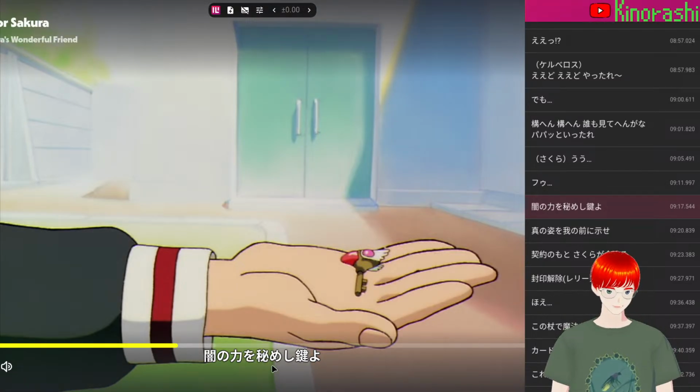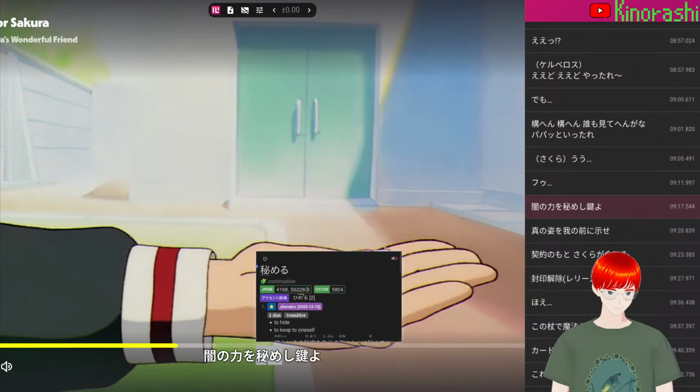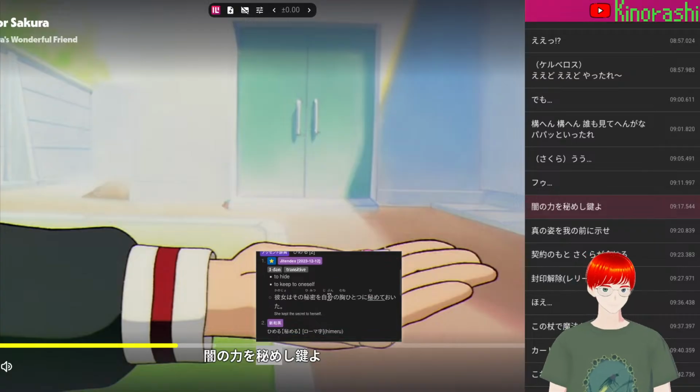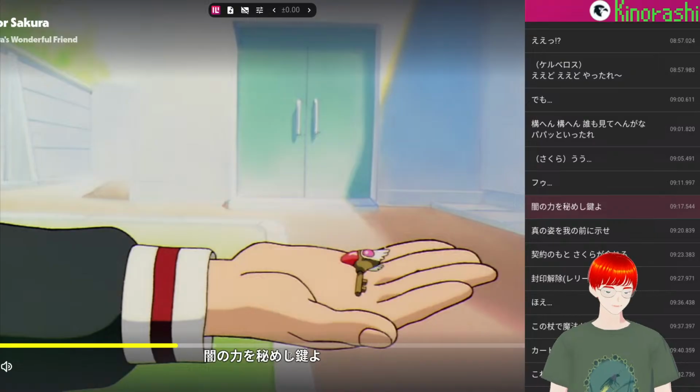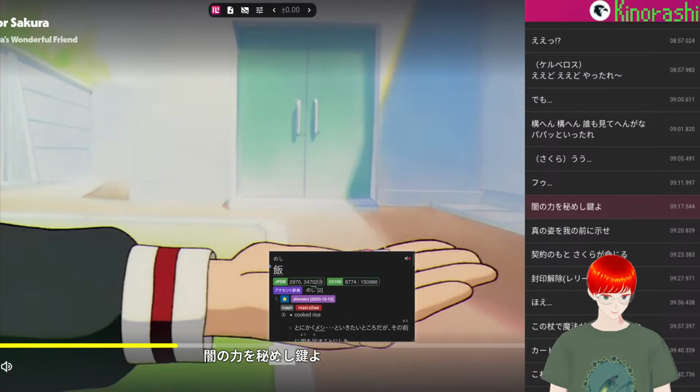Yami no chikara o himeshi kagi yo. Himeshi was himeru, to hide or to keep a secret, too hard to keep to oneself. Himeshi was an archaic way of conjugating this into the past form, if I remember correctly.